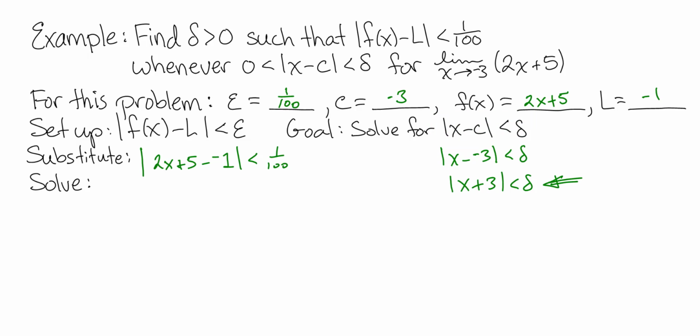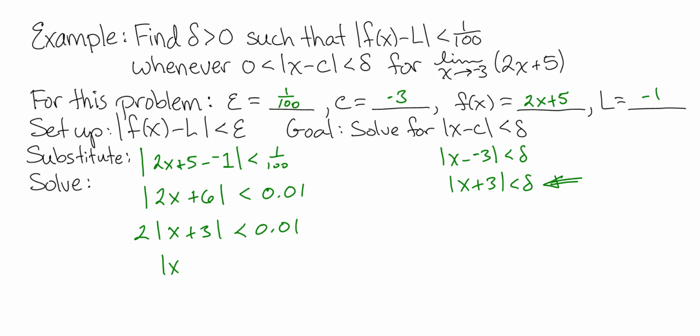In order to find delta, we want to reorganize the inequality on the left to look like the inequality on the right. We want to take the inequality from the y information and make it look like the inequality from the x information. Simplifying this, we have the absolute value of 2x plus 6 is less than, and I'm going to switch to decimal to make it simpler, 0.01. I can factor out a 2, and we have 2 times the absolute value of x plus 3 is less than 0.01.